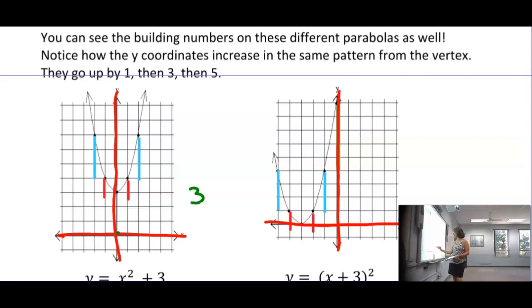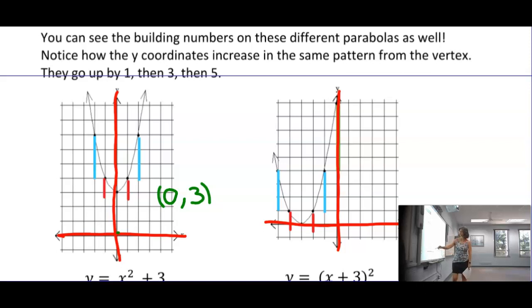It's at 3 for my y and 0 for my x. So this is at 0, 3. It went over 0, up 3. Okay, from that point, from that bottom of this parabola, it went over 1, up 1, over 1, up 3, and then it would have gone over 1, up 5. Okay?